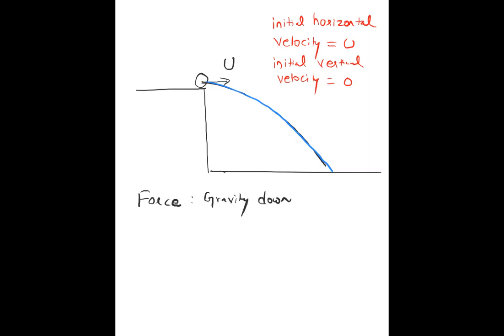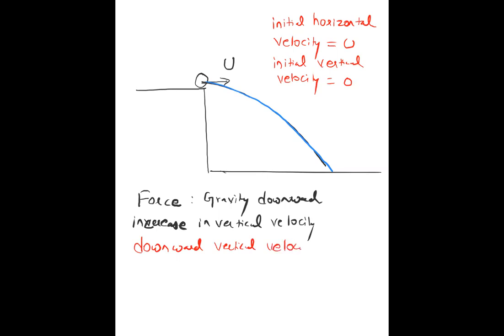Due to this force, there is an increase in vertical velocity, and because of this the downward vertical velocity will increase from 0 to some value. Okay. And the horizontal velocity will remain the same.